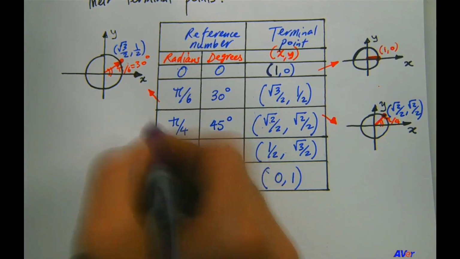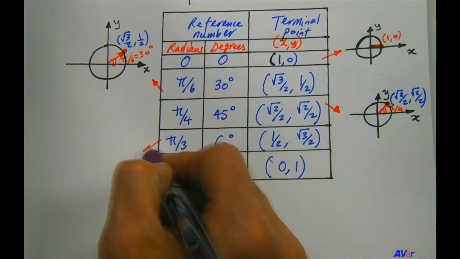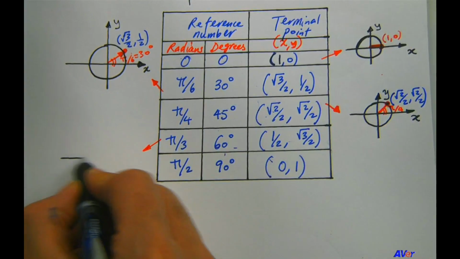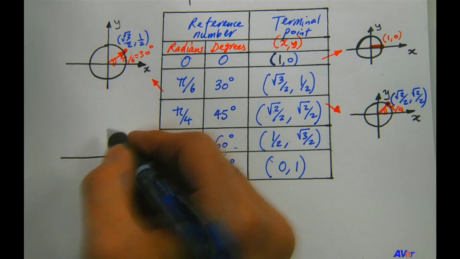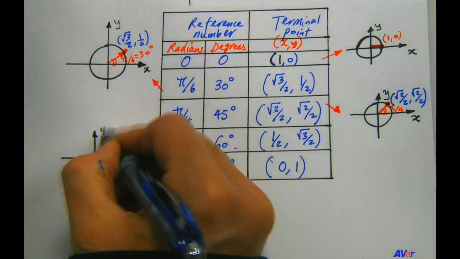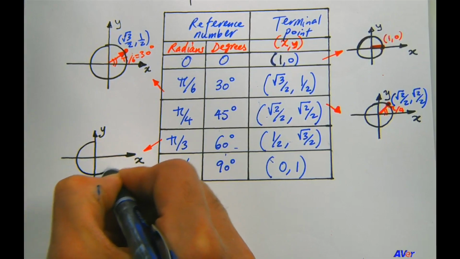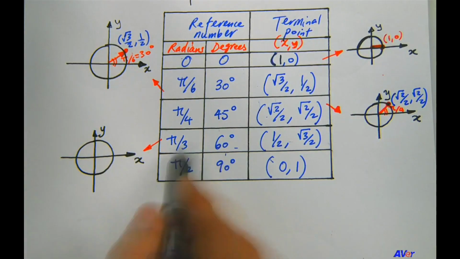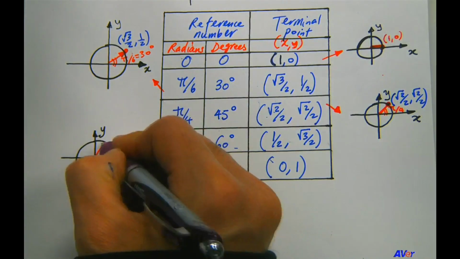Okay, and then this one, let me draw that here on this side. We have the x and we have the y. Like that. And pi over 3 or 60 degrees. So that would be somewhere here.